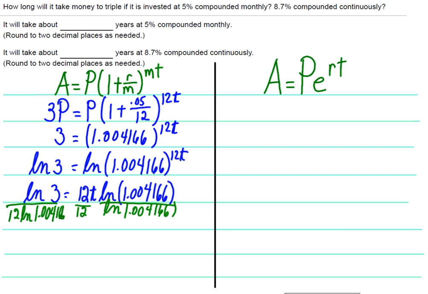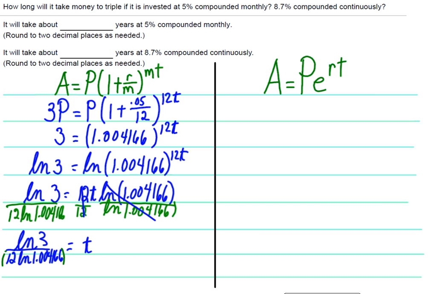Okay. Once we do that, notice all of this is going to cancel out, and we have t is equal to, put that into the calculator. Okay, if we put that into the calculator, remember, I encourage you to go ahead and put that in parentheses.